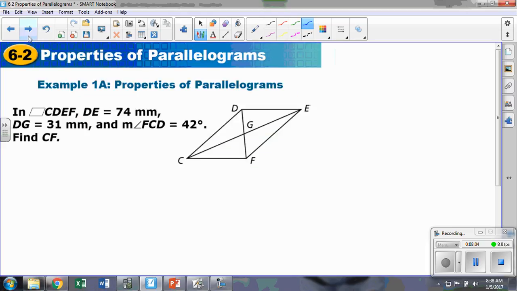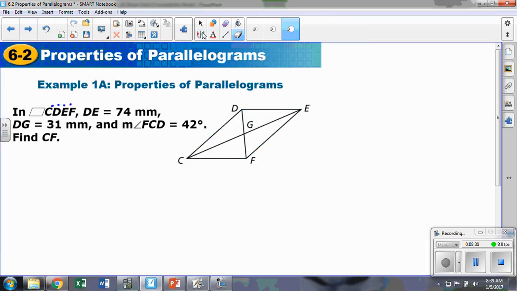For instance, which one of these seems appropriate for a problem? In parallelogram CDEF, please remember when we put down the order, CDEF tells us the order in which the points connect to each other. CDEF, looping back to C. For this particular problem, it's not massively important, but it is a fact that we will use.